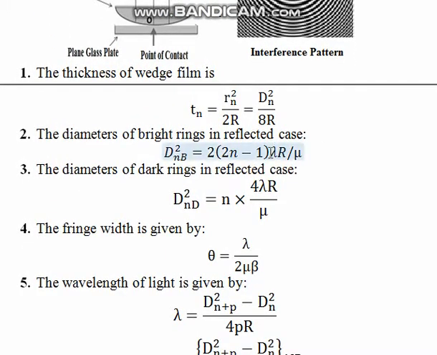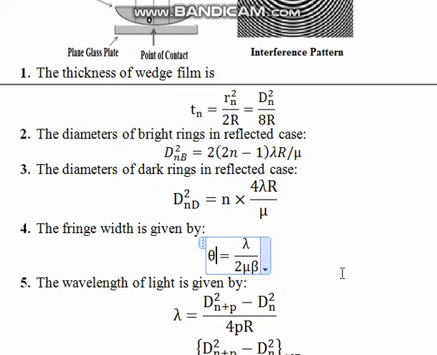The diameters of the bright rings are given by this formula, and the diameters of the dark rings by this formula. The fringe width formula is omega equal to lambda upon 2 mu beta, where beta is the fringe width, so with this formula you can determine the fringe width beta.